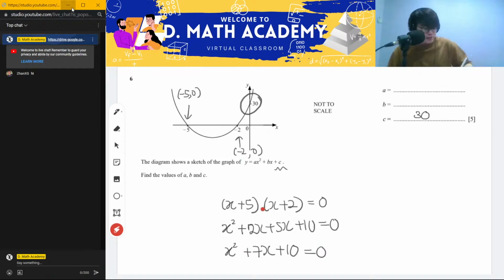And kindly take note, with this step done, we got the constant as 10, which is totally different from what they have here. What this tells us is that we are required to readjust this 10 into 30. So what should I multiply my 10 by to make it into 30?